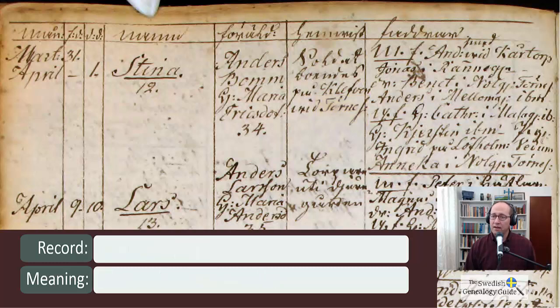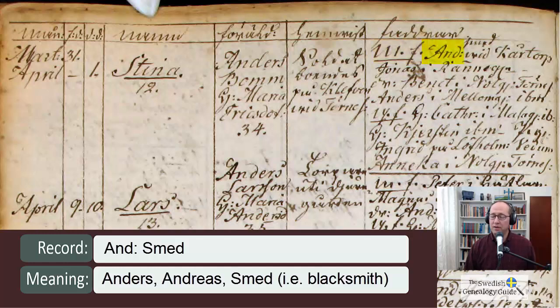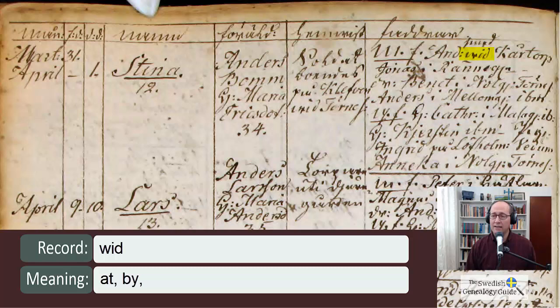Okay, so the next column we have a M-F, and that stands for man fadrar, the male godparents. And he's abbreviated the name A-N-D, probably Anders or Andreas, and the last name is Smed. And then it's W-I-D, vid, which means at or by, and then it's Kortorp.